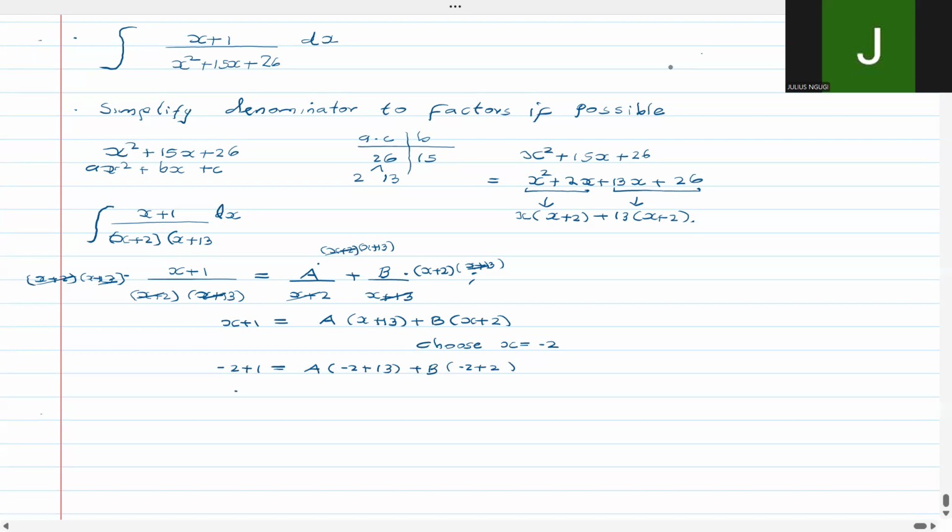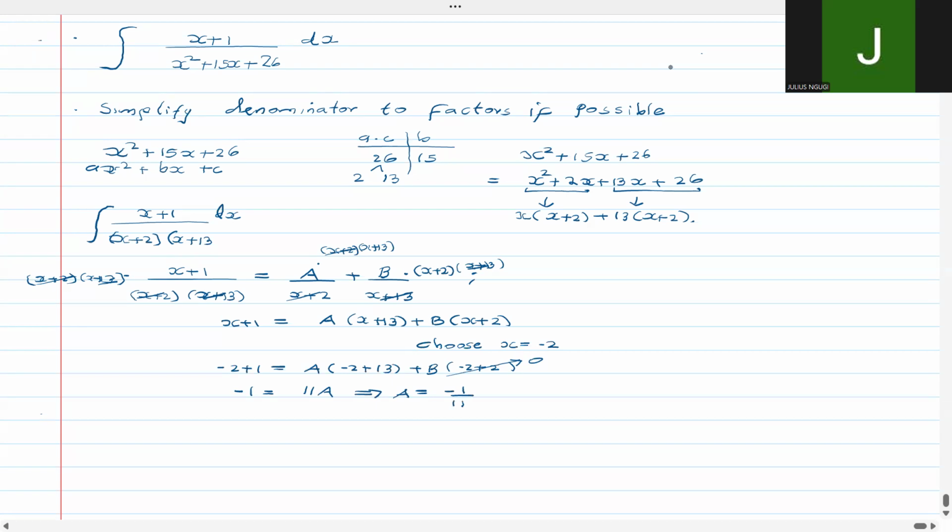That gives minus 1 equals 11A, and minus 2 plus 2 is 0, so that part becomes 0. So A equals minus 1 over 11.